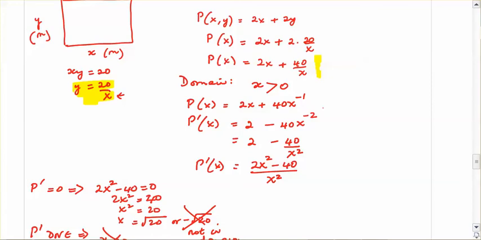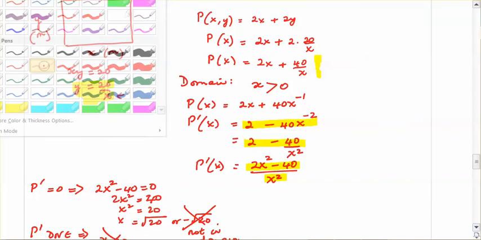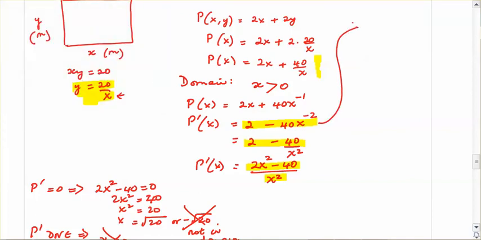So let's find the second derivative. I've got three different versions of P prime. This is worth talking about very briefly. Here are my three different versions for P prime. Of the three different versions, the first one is the most convenient one to differentiate a second time.